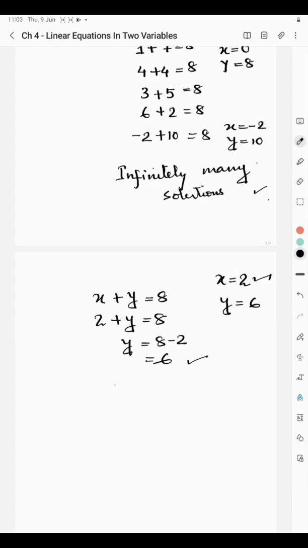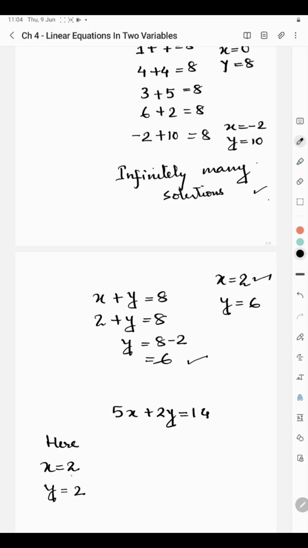Now suppose we have the equation 5x plus 2y is equal to 14, and the value of x is given as 2, and the value of y is given as 2. So here we will have to put the value of x and y.